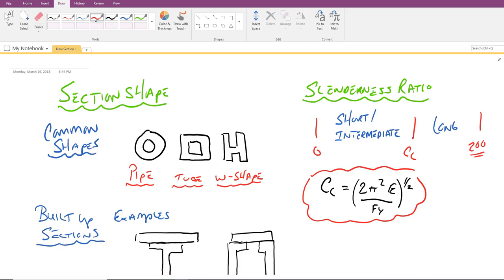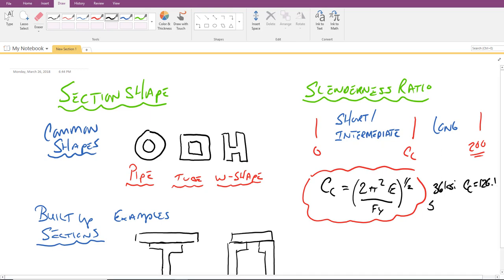Because it has the yield stress in there, what you'll notice is that for 36 KSI steel, C sub C equals 126.1. So just a little more than halfway as you're going through there, about 5/8 of the way there, really.